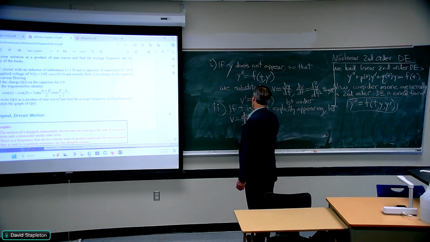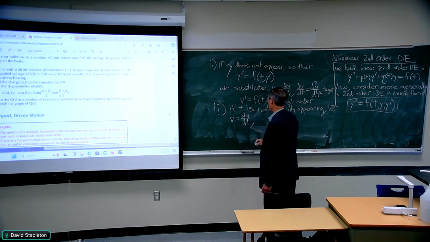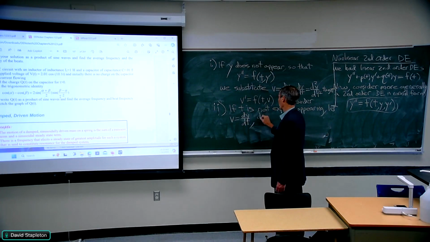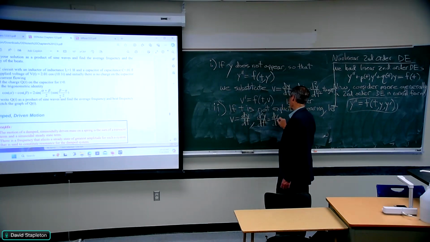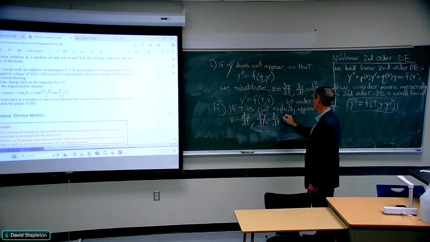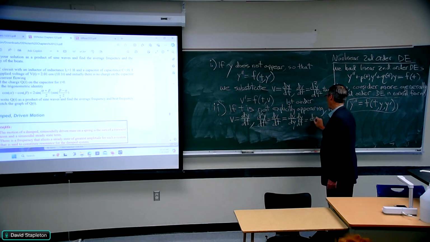But now I just need to change this last part here. In this case, d squared y/dt squared. How do I replace the second derivative? Well, that's dv/dt, since v is the first derivative. And dv/dt by the chain rule is dv/dy times dy/dt. Oh, but dy/dt is v. So this is dv/dy times v.